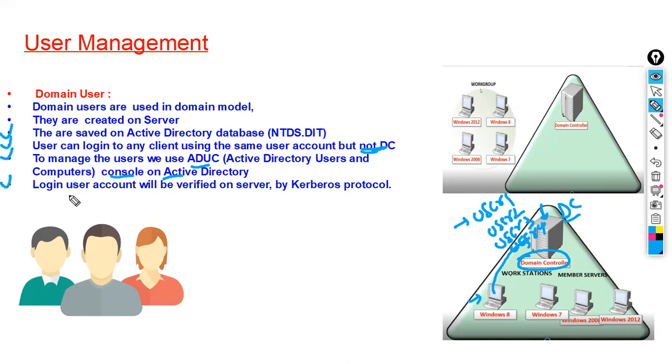And login user account will be verified on server by Kerberos protocol. So as we have discussed, user 1 wants to access this Windows 8 machine and it will verify the username on domain controller. Who is verifying it? Kerberos protocol. Okay, with the help of this Kerberos protocol, these usernames and passwords are verified.